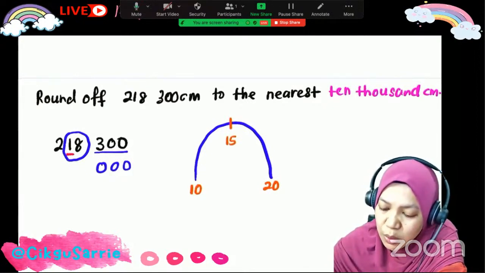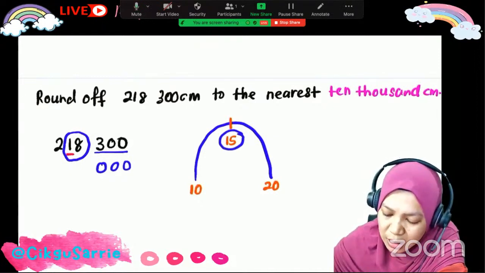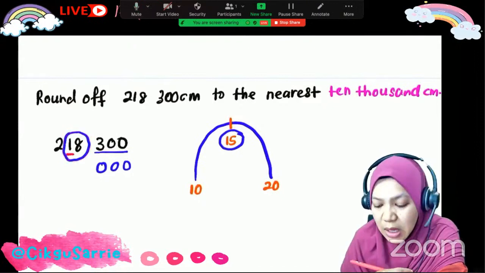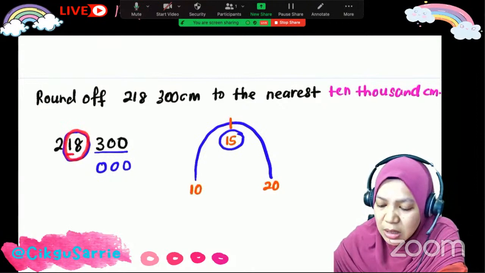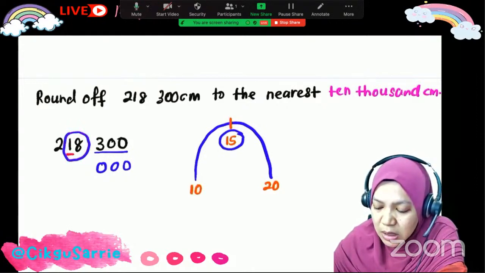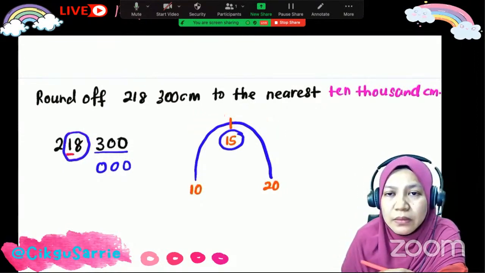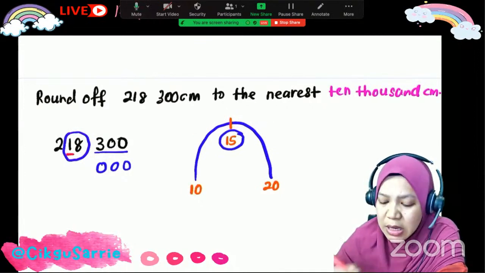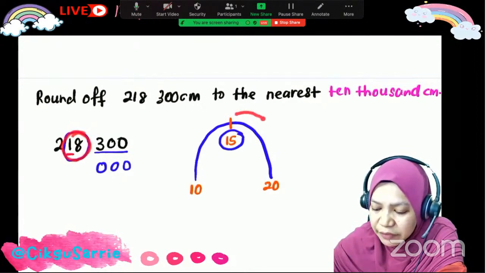Now we do the comparison between the middle number and the circle number. The circle number is 18. Is 18 before or after 15? Okay, you are also correct. 18 is placed after 15.